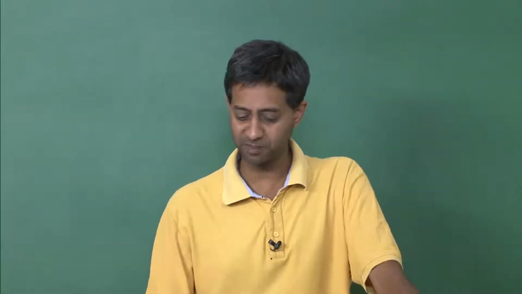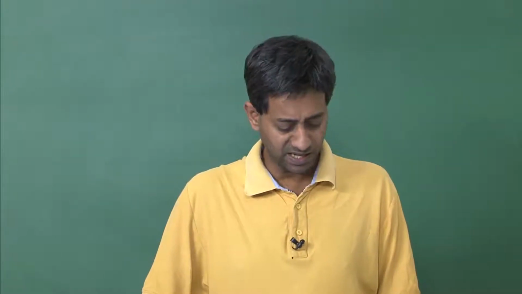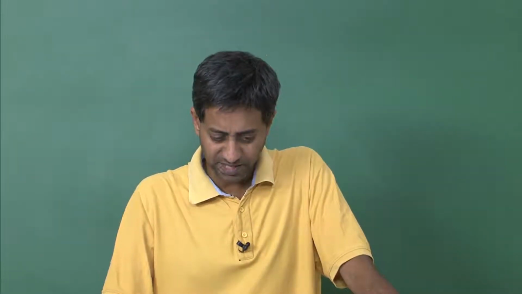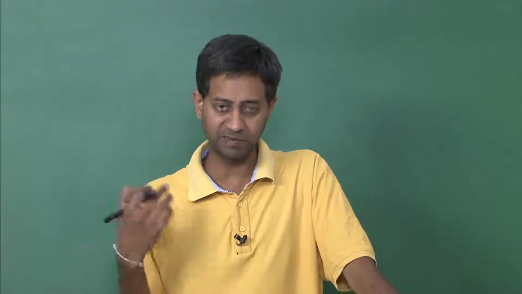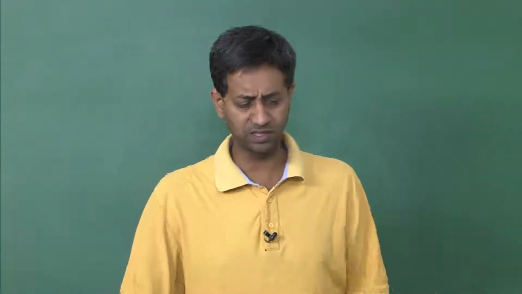It can be done for an arbitrary number of equations and unknowns, but a solution for x, y, z can only be obtained for certain cases. You would intuitively imagine that the number of equations should be equal to the number of unknowns. So, if you have 3 unknowns and 3 equations, then you can solve and get a unique value of the unknowns, and that is what you expect.